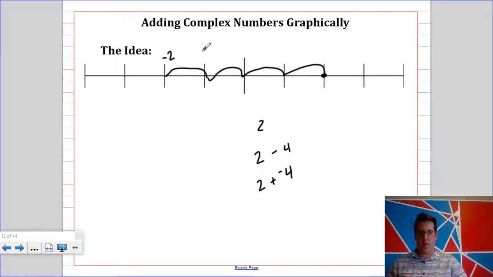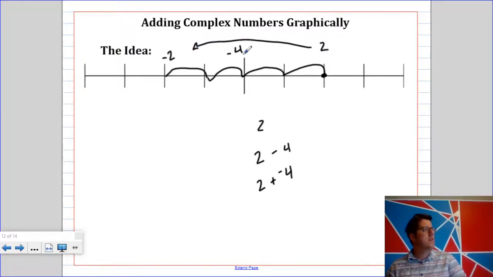Right? That's something that we're kind of familiar with. That this is 2, moving backwards is the act of subtracting 4, and negative 2 is where you end up.